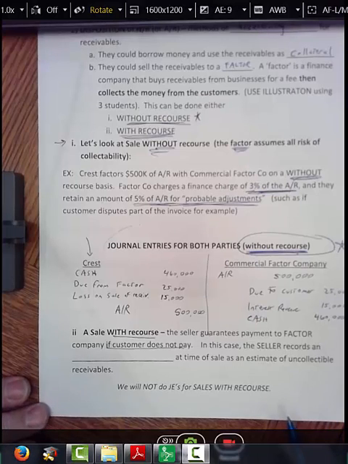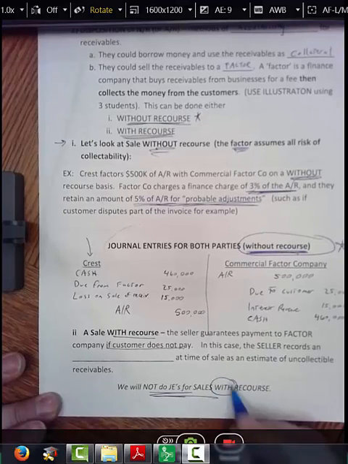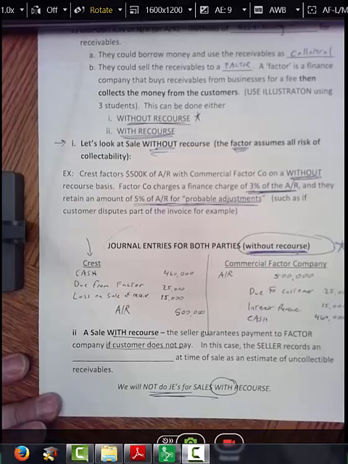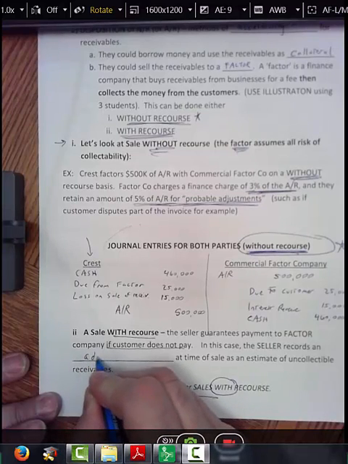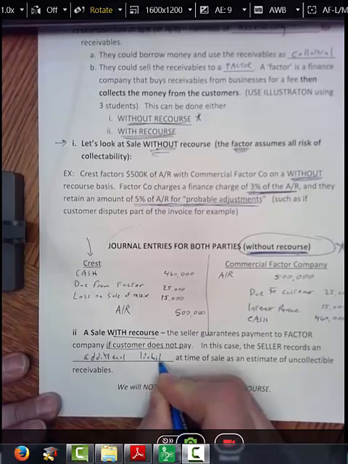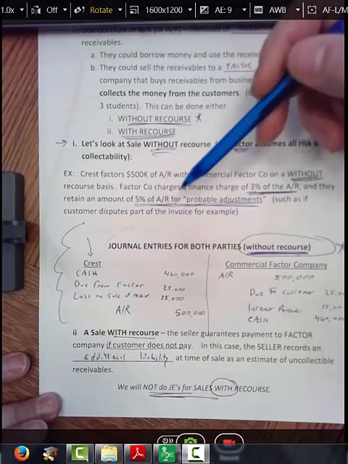We are not going to do journal entries for sales with recourse. We're just going to look at journal entries for without recourse. In the case of a sale with recourse, the seller records an additional liability.